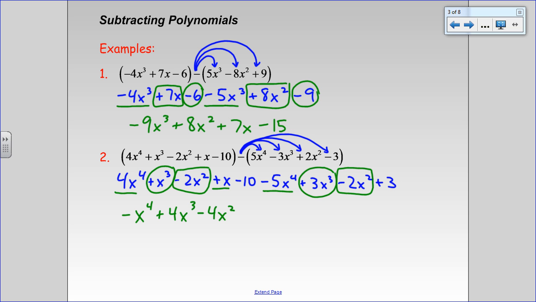We have a plus x with no like terms. And then we have negative 10 plus positive 3, which is negative 7. So our answer is negative x to the fourth plus 4x cubed minus 4x squared plus x minus 7.